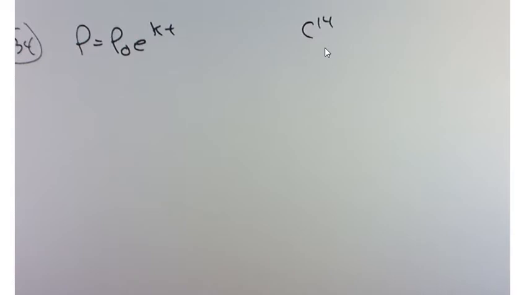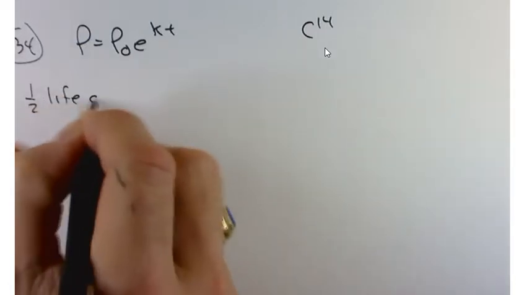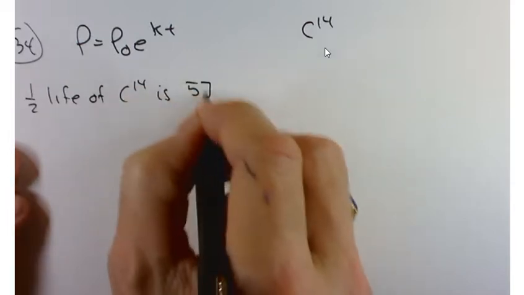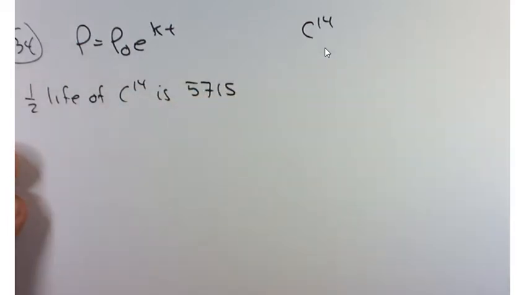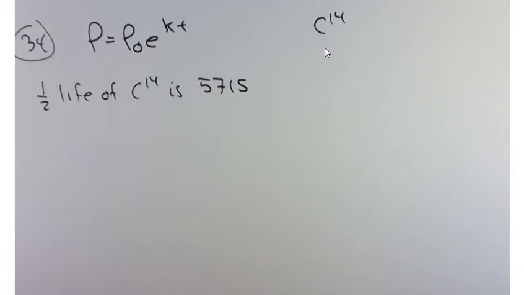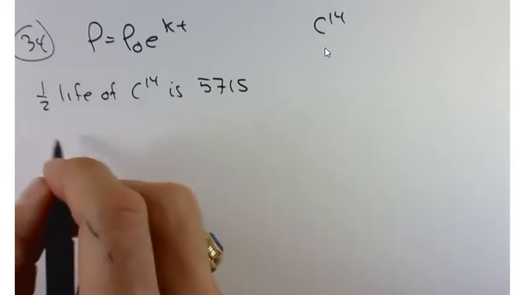Now they tell us in the book that the half-life of carbon-14 is 5,715 years. That's not a lot to go on, but it's enough. This is going to allow us to solve for k. And this is how we do it.